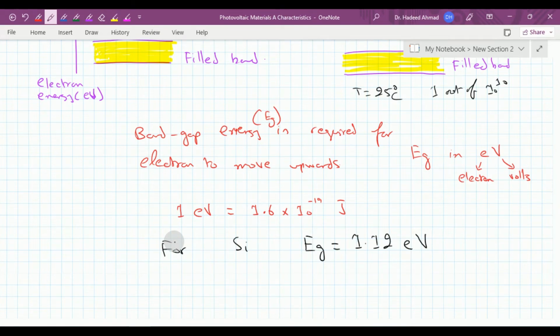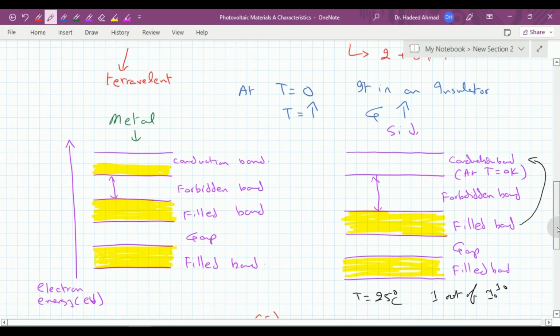This indicates that if we have this silicon material available, and an electron wants to jump from the filled band into the conduction band, it has to have 1.12 electron volt band gap energy to free itself from the electrostatic force and consequently jump into the conduction band and contribute towards the electric current.